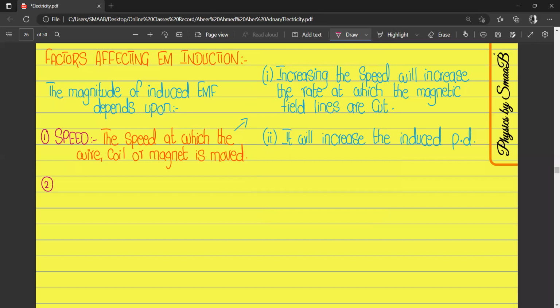सो सेकंड फैक्टर आपके पास ये होता है, लेट सपोज इफ वी इंक्रीज द नंबर ऑफ टर्न्स इन द कॉइल, राइट। लेट सपोज जिस तरह से हम डिस्कस करते हैं रेजिस्टेंस को, दैट इफ द लेंथ ऑफ द वायर इज इंक्रीज सो रेजिस्टेंस विल आल्सो इंक्रीज because the number of electrons and the number of atoms will also increase, so there will be great overlapping and great value of friction over there.